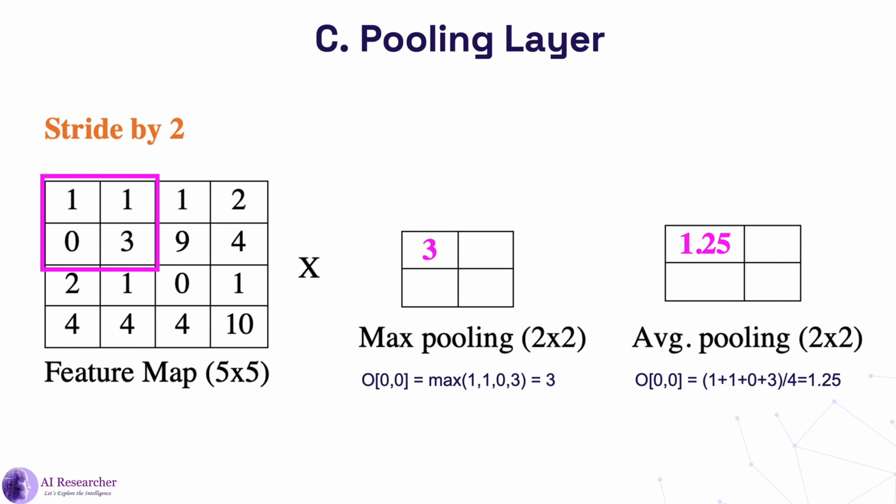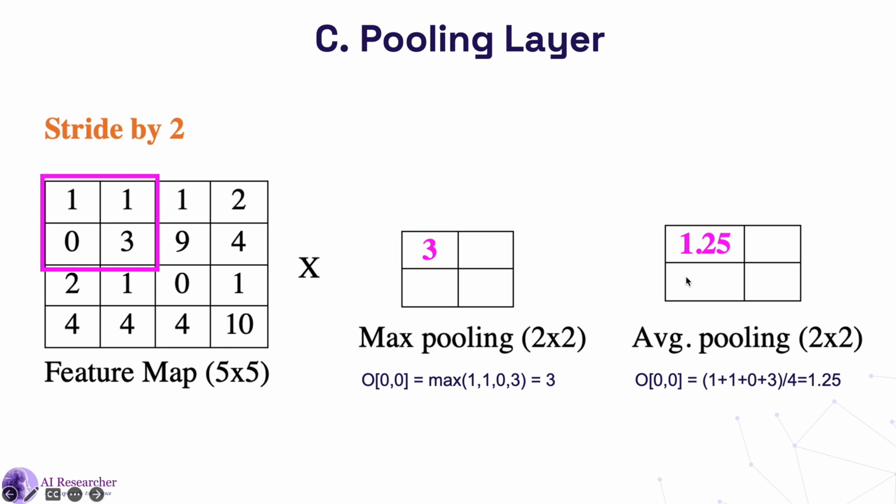So the first is max pooling, which takes the maximum value from each window. So here the max of 1, 1, 0, 3 is equal to 3. So the max element of this window is 3, and max pooling extracts the highest value from each window, which gets the new feature map where each element represents the maximum value found in the corresponding window of the original feature map.